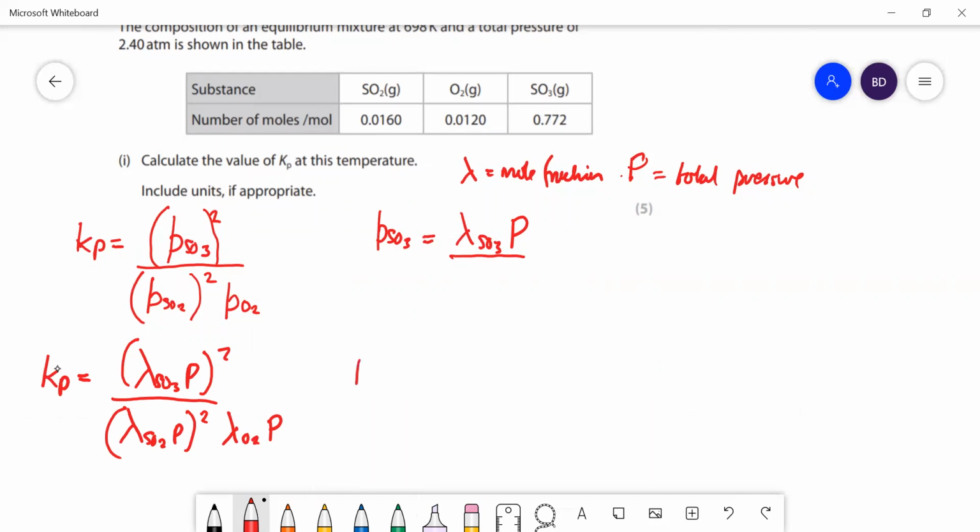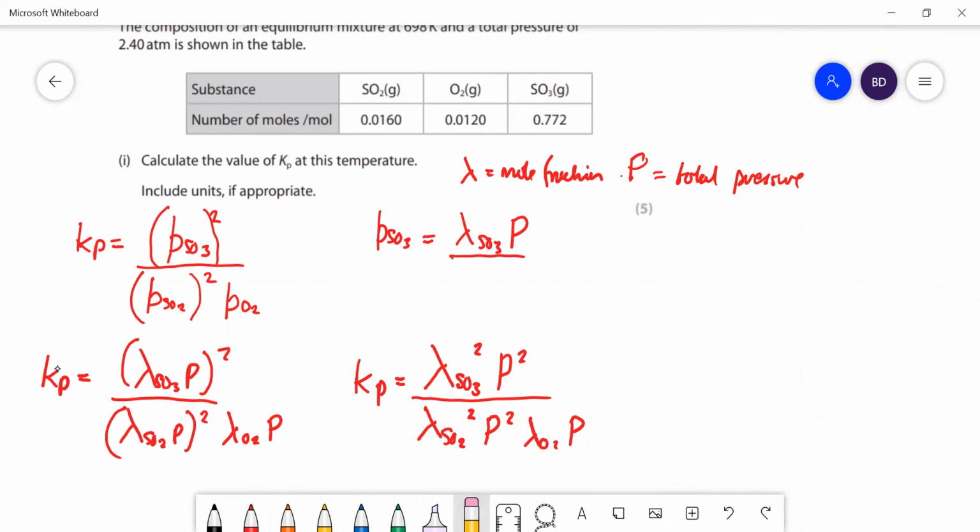So we get Kp equals mole fraction of SO3 all squared, times total pressure squared, divided by mole fraction of SO2 squared, pressure squared, multiplied by the mole fraction of O2, multiplied by the pressure. Now you can see that I can get rid of those P squared terms by cancelling them out. Makes life a bit easier. Now all we need to do before we put our numbers in, we need to work out the mole fractions. Okay, so mole fractions, to remind ourselves.